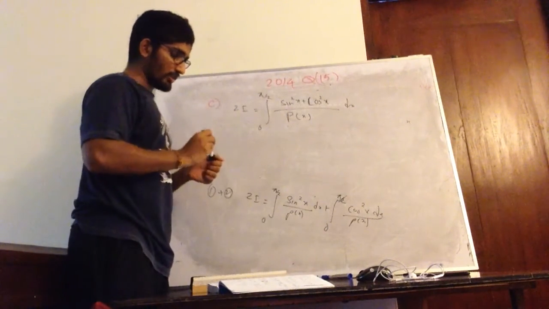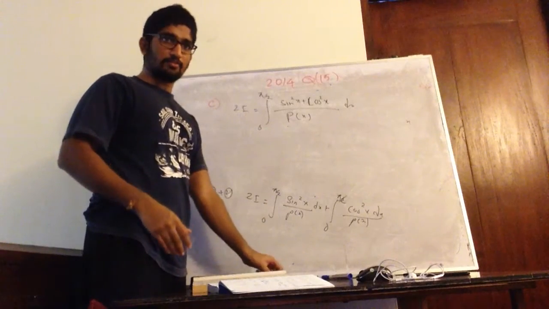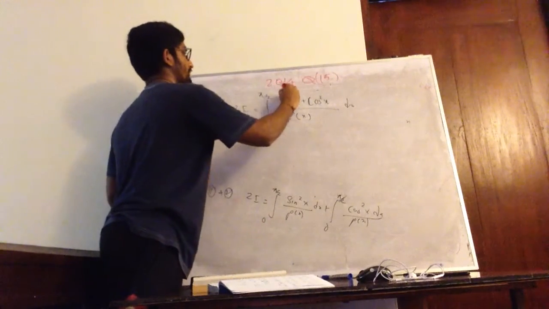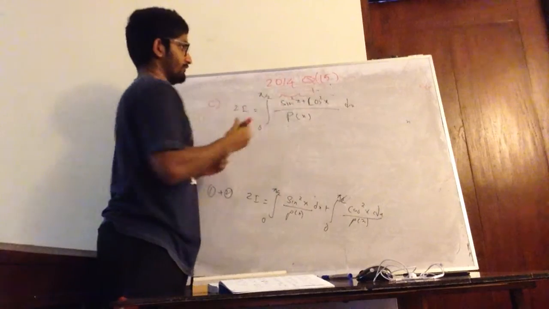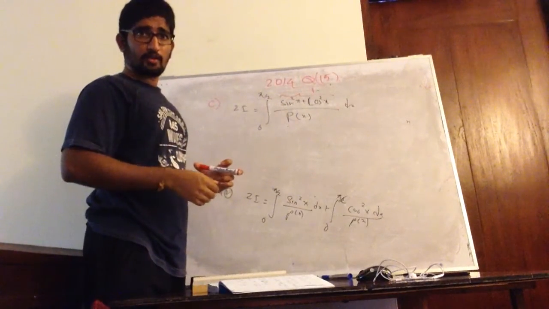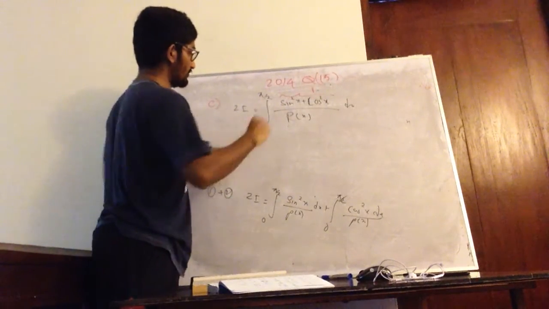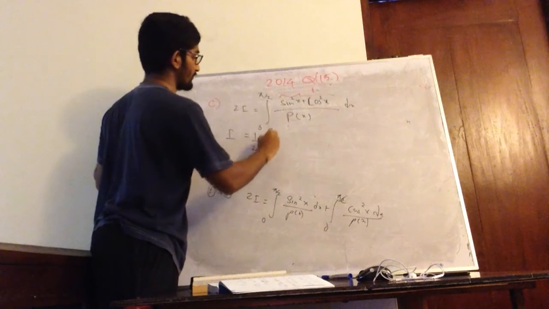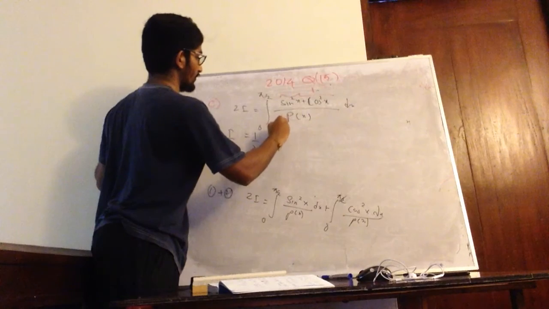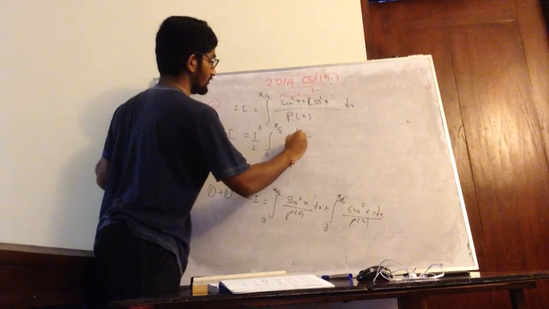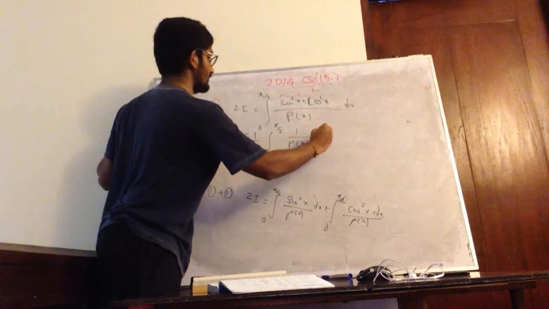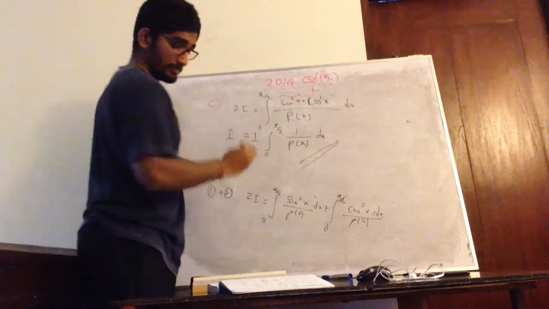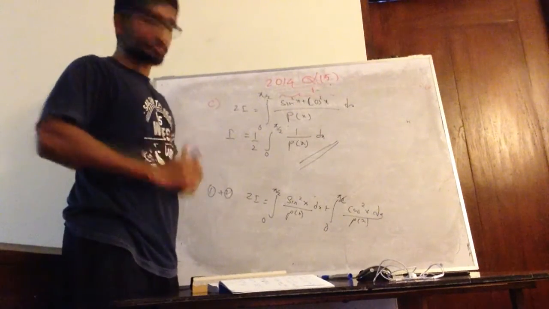So what is sin square x plus cos square x? That is going to be 1. So I is going to be half, integral from 0 to 5 over 2 of P(x) dx. So this is what they are asking us to prove.